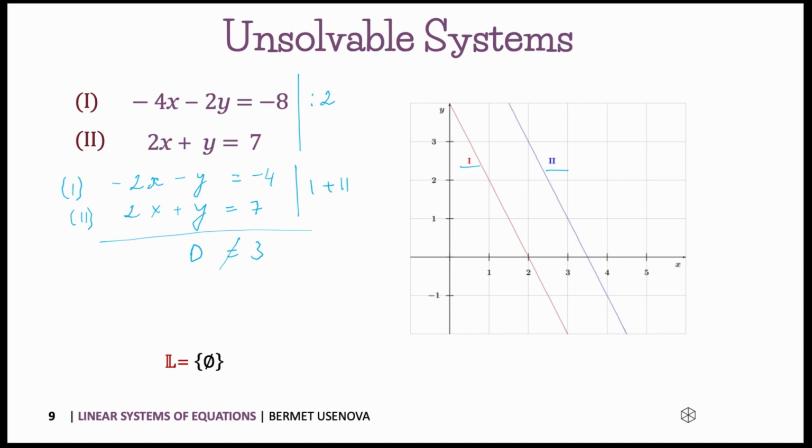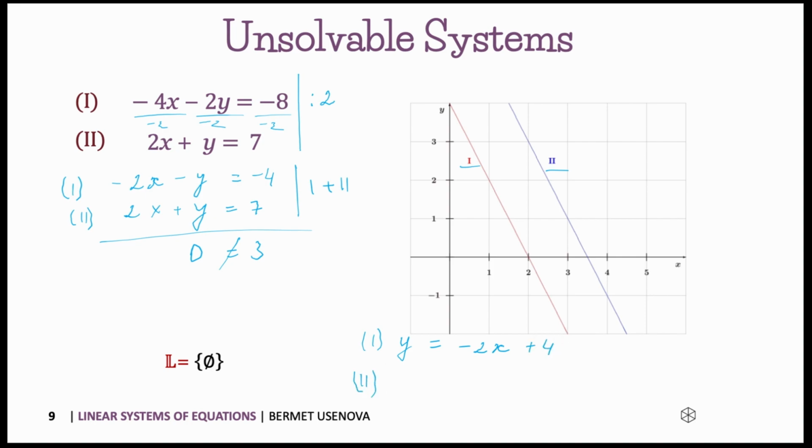If we want to look at the slopes of these two equations, let's solve the first and second equations for the variable y. We will first have to divide every element by -2 and then move them to the other side. So we will end up with something like -2x plus 4.